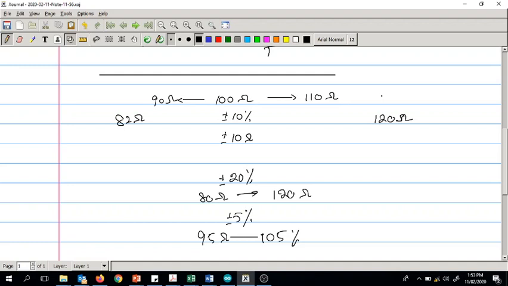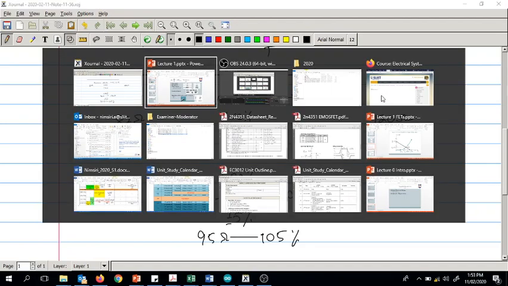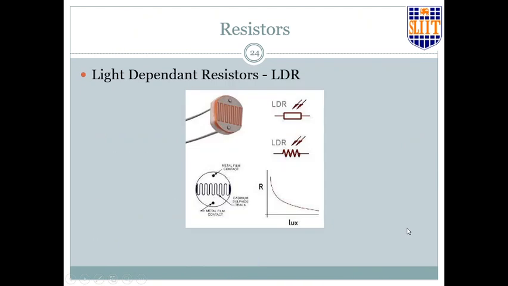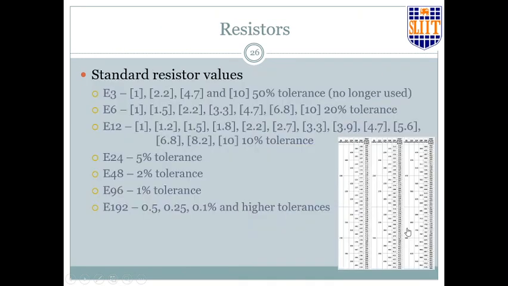Similarly, if you go back to this, for the E24 series 2% tolerance is okay, 5% is what is recommended, but if 2%, 1% tolerances are there, it's okay.